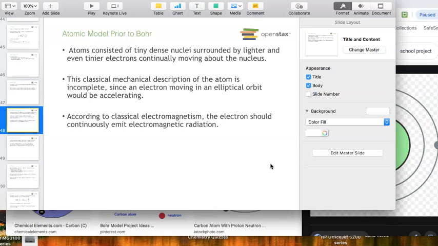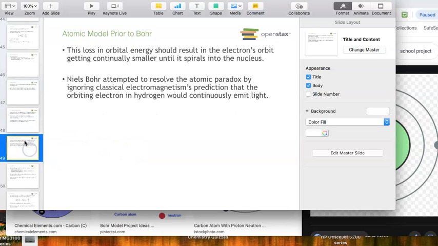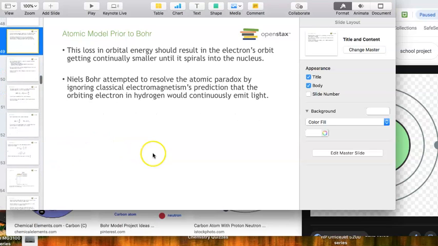The classical mechanical description of the atom is incomplete since an electron moving in an elliptical orbit would be accelerating, and the electron should continuously emit radiation according to classical electromagnetism, and we know we don't observe that. In the atomic model prior to Bohr, the loss in orbital energy should result in the electron's orbit getting continually smaller until it spirals into the nucleus. We know electrons don't run into the nucleus.